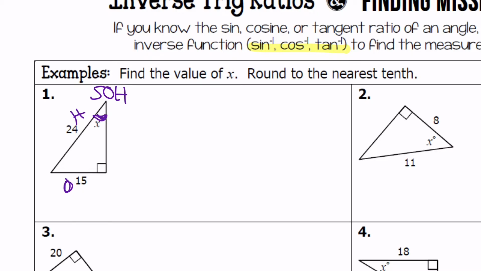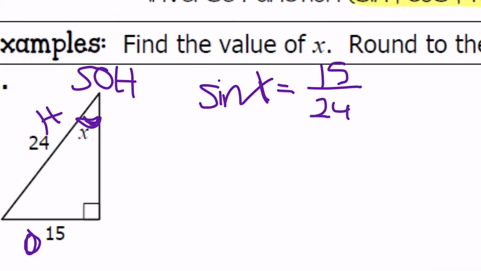So remember, we set up a sine function as the sine of whatever angle we're given, but in this case it's just x, is equal to the opposite, which is 15, over the hypotenuse, which is 24, in this problem. Now, we can't just leave it sine of x equals 15 over 24.